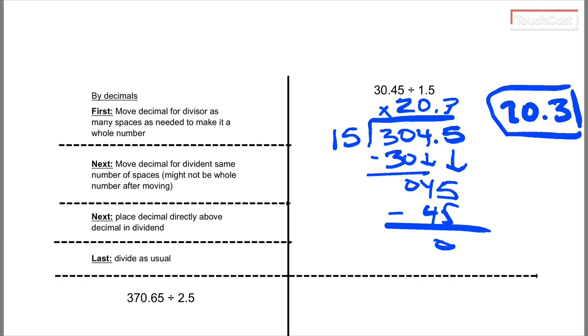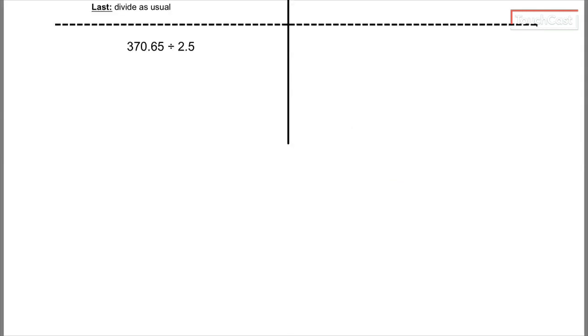Now I want you to pause the video and work on this example problem on your own. All right, let's check our work. So set up our division problem as it is on the side here. And since we have a decimal on the outside of the division sign, that means that we will have to maneuver the decimal so that we can start our division.